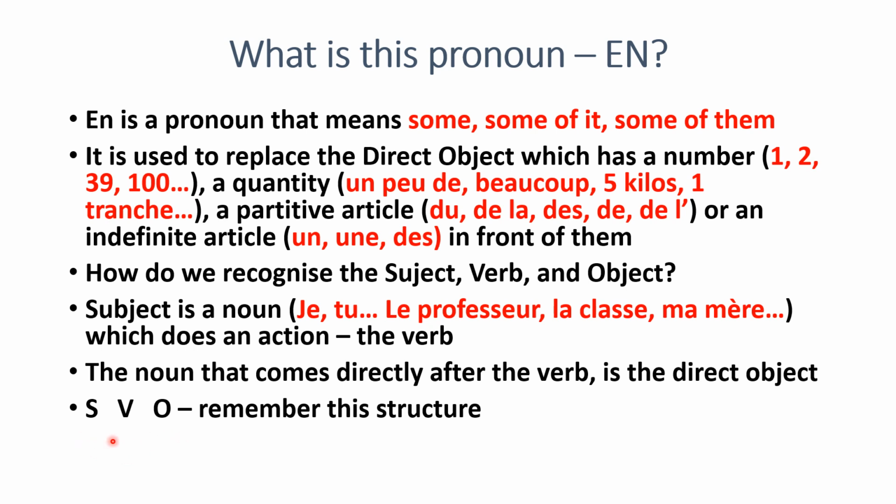Subject, verb, object. Le professeur enseigne la grammaire. If you go step by step and write simple sentences, you won't go wrong. So, le professeur, the teacher, enseigne, teaches, la grammaire, grammar. That is the structure of a basic French sentence. D'accord?